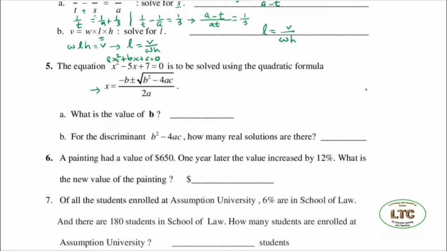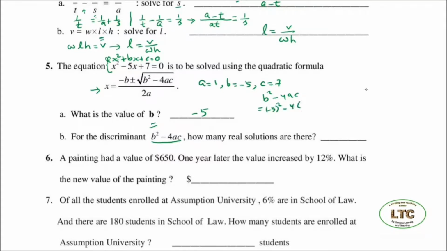Okay, so if you compare the two, a is 1, b is negative 5, c is 7. Okay, so what is the value of b? Negative 5.